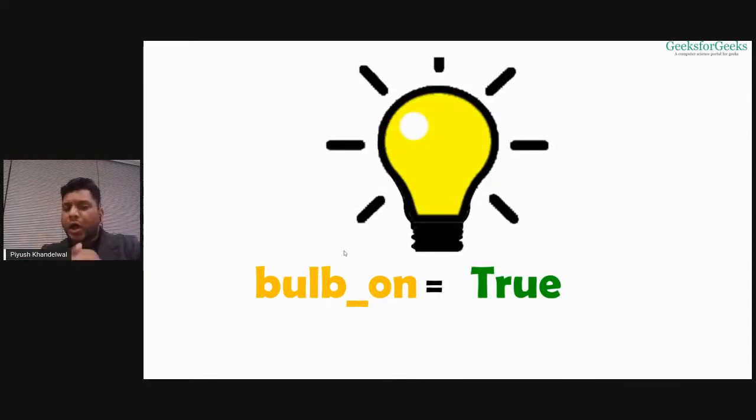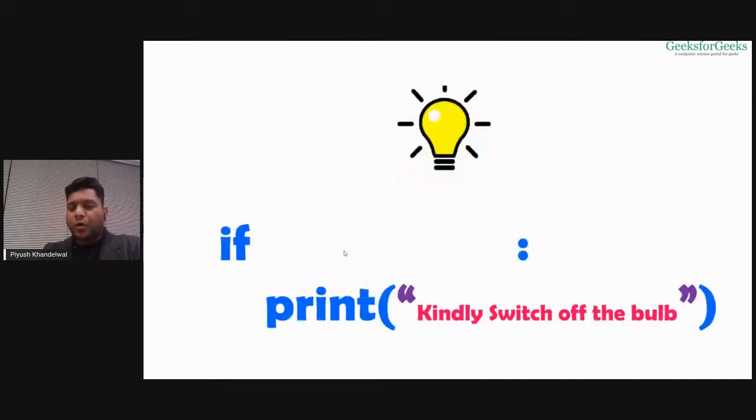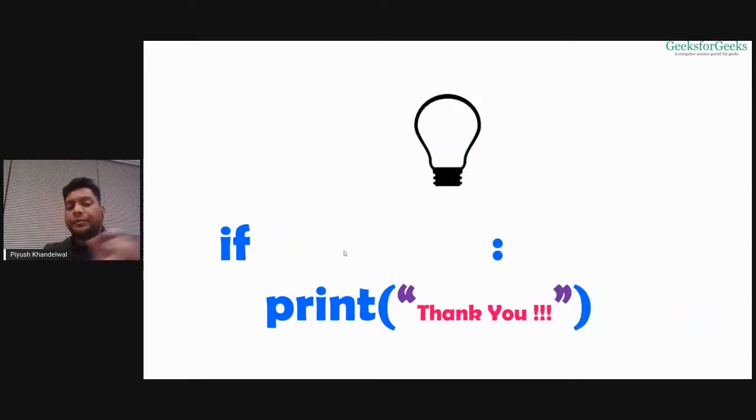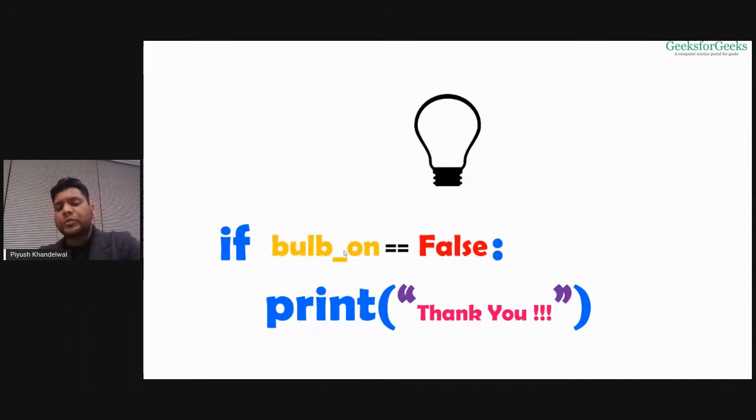So now if I have a variable bulb_on and it's True or False, I can decide whether the bulb is in on state or in off state. If bulb_on is True, it means the bulb is in on state. If bulb_on is False, the bulb is in off state. You're getting this? Now I can write in my if statement, if bulb_on equals True, then print "kindly switch off the bulb". If bulb_on equals False, print "thank you".